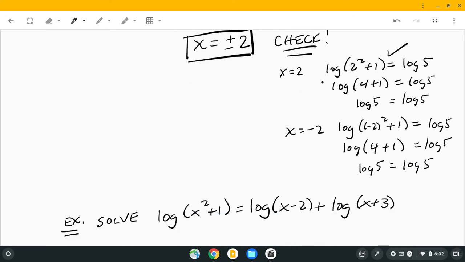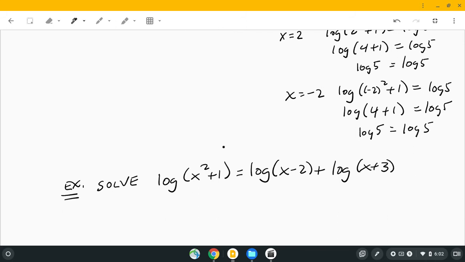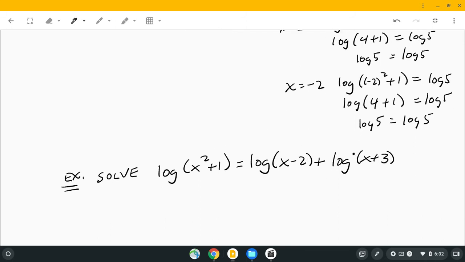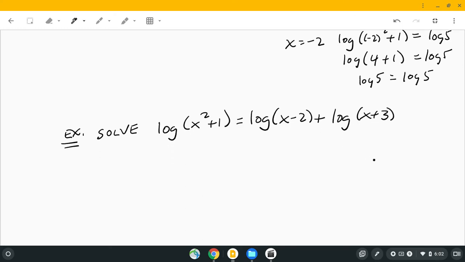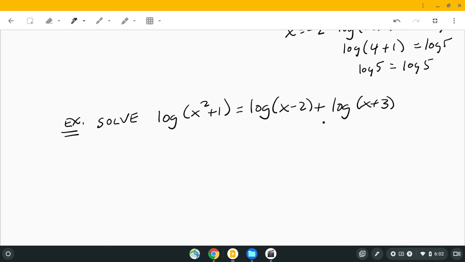And when we look at this problem, we don't have a single log over here. But if we use our laws of logarithms to condense this, right?